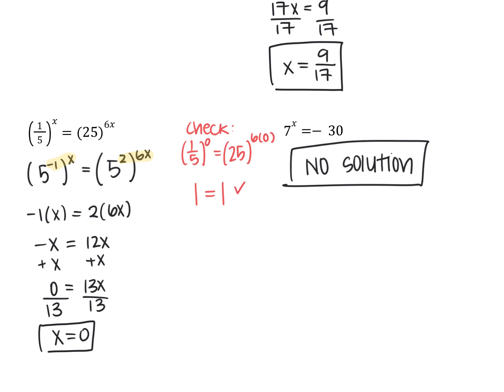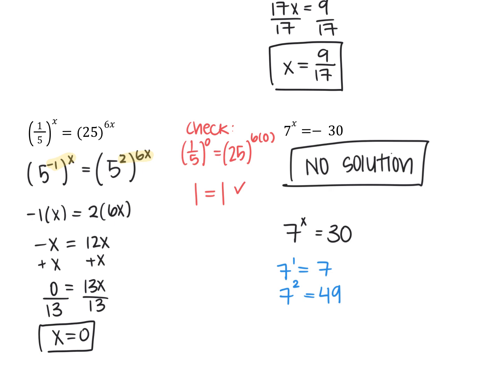The other issue here is like if I didn't have a negative. So if I had 7 to the x equals 30. Okay. My goal is to rewrite 30 as 7 raised to a power. But my problem here is we know 7 to the first is 7. We know 7 squared is 49. And 30 falls somewhere in between 7 to the first and 7 squared.